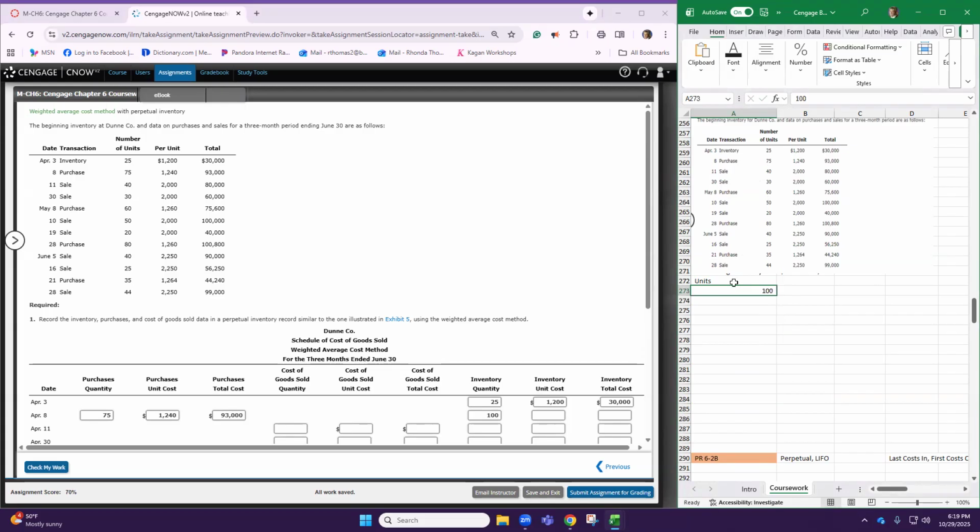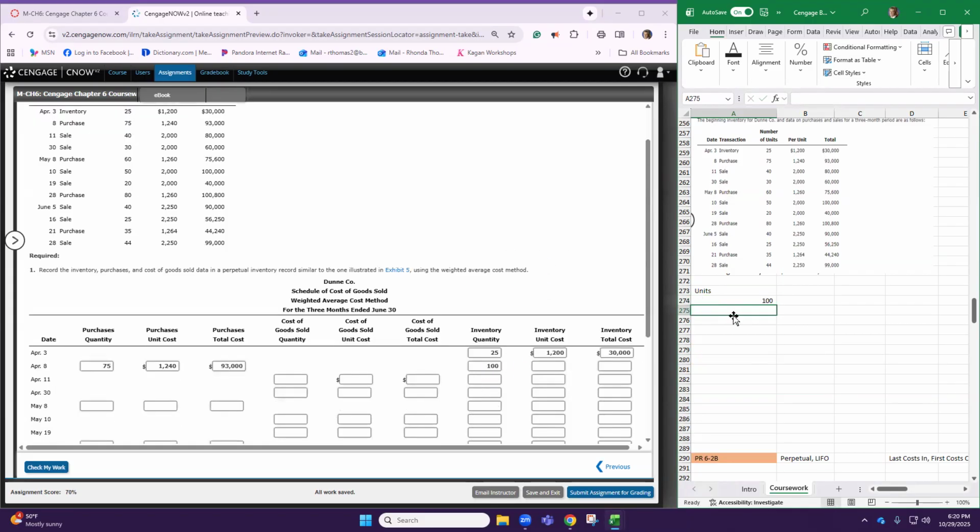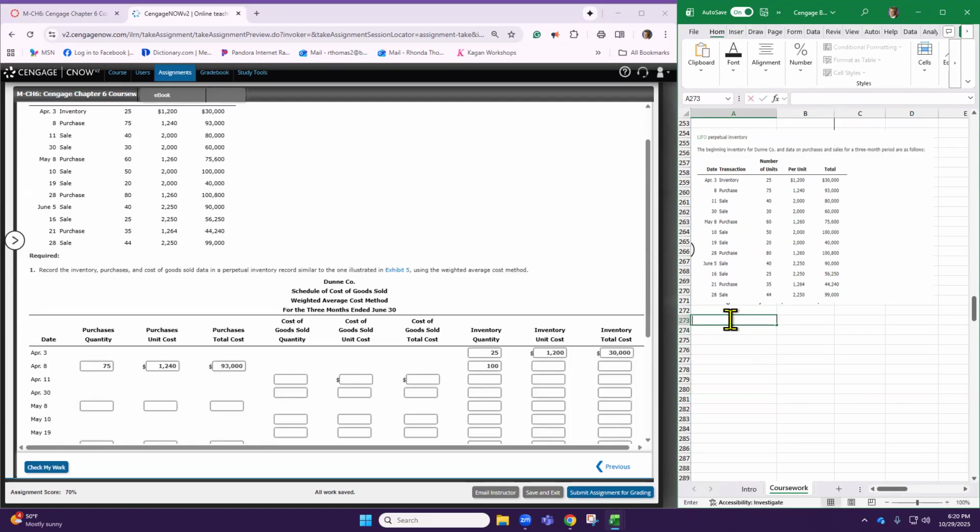It likes to line them up over there. I'm trying to make this look right, and I'm not. We're just going to put units, and now let's put 100. That's fine. It's lining up numbers differently than letters. All right, units, and the first one is 100 units.